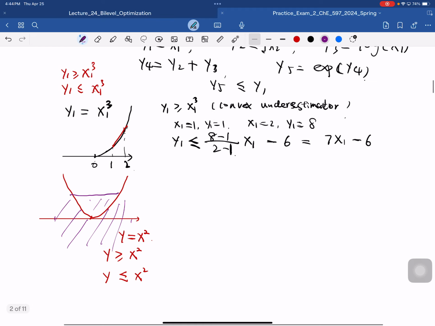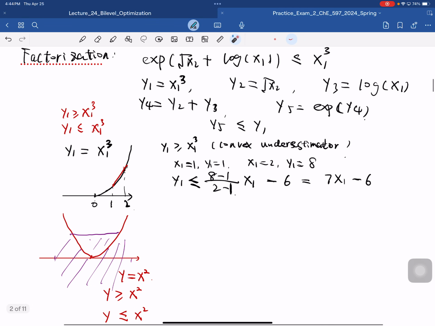And similar here, when you have x1 raised to the power of three, only one side of this inequality describes a convex region. If it doesn't describe a convex region, you need to get, let's say, a concave overestimator, right? Okay, does that make sense?